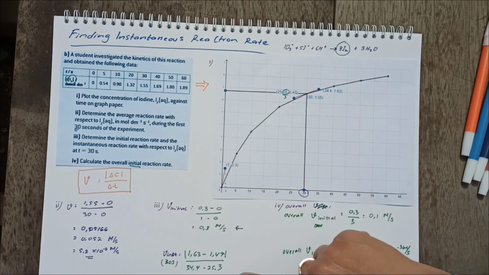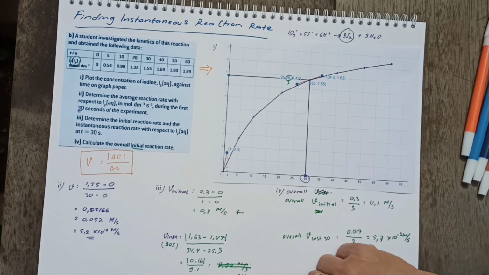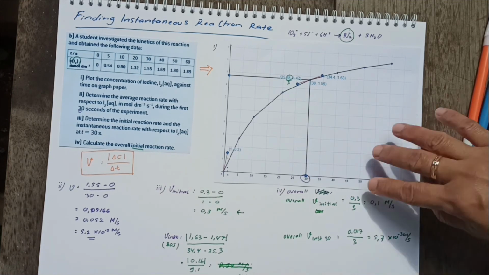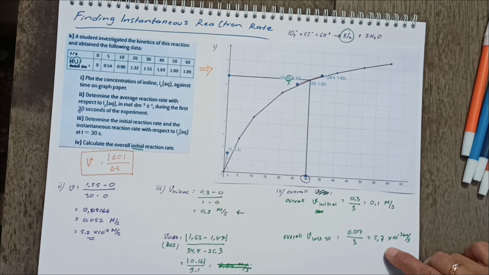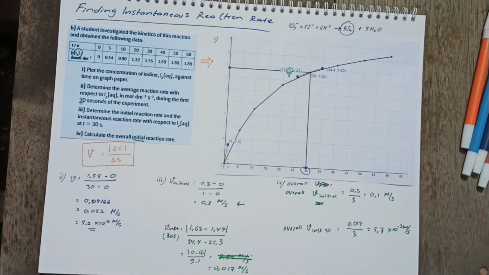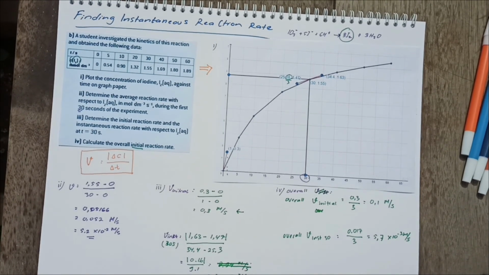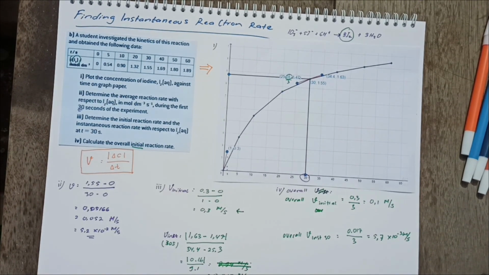So for the instantaneous reaction rate at 30 seconds, it's going to be 0.017 molarity per second. But if we calculate it as an overall, it's going to be 5.7 times 10 to the minus 3, or 0.0057. So I hope you can calculate the instantaneous and the initial rate by using this video.